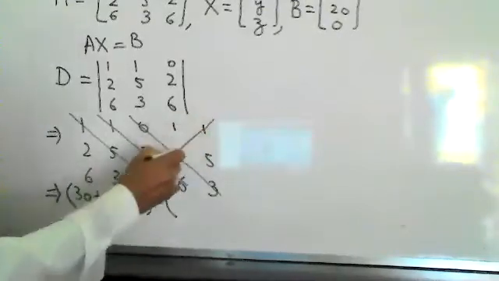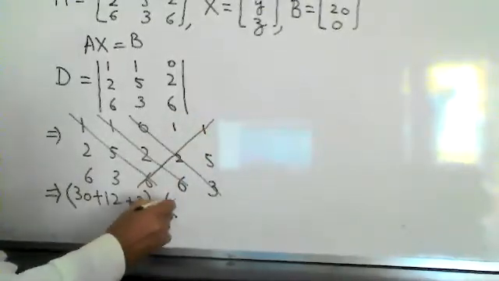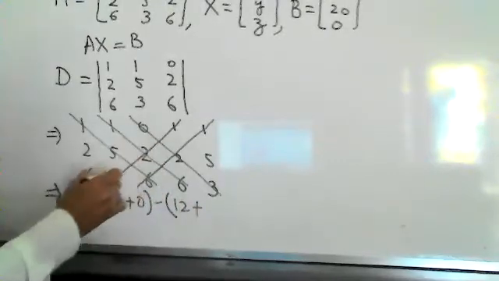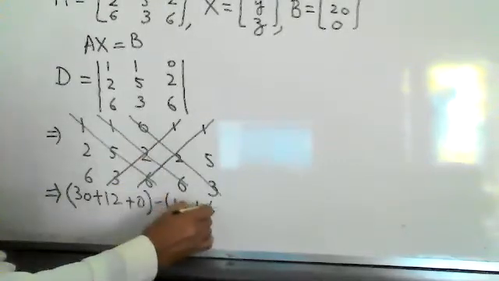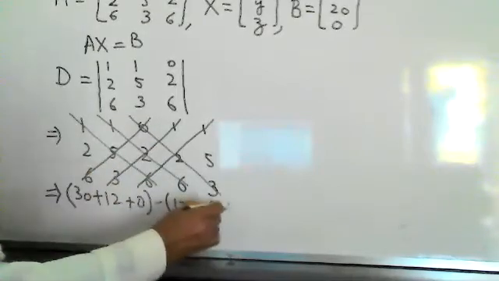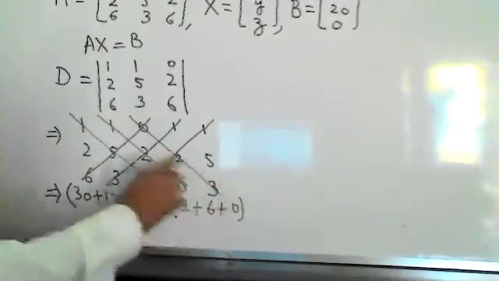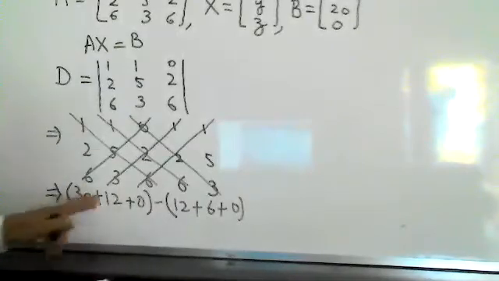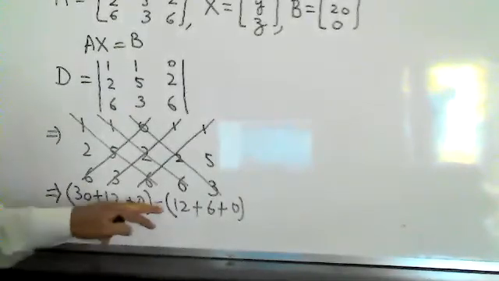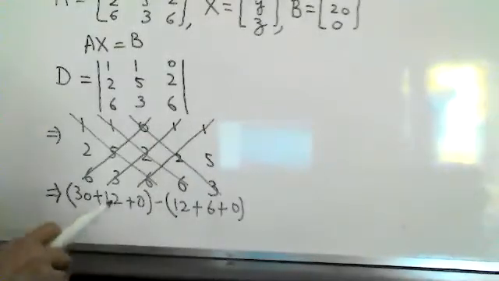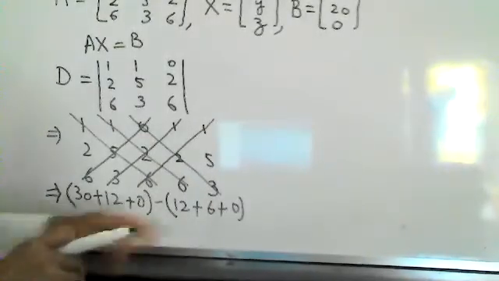This one: 1 into 6 into 2 will be 12, plus 1 into 2 into 3 will be 6, plus 0 into 5 into 6 will be 0. 3 primary diagonals, 3 secondary diagonals. We took the product of the 3 primary diagonals and added them, minus the products of the 3 secondary diagonals added.